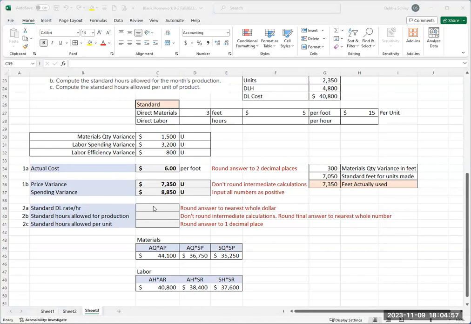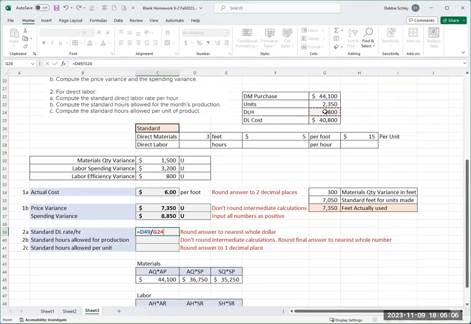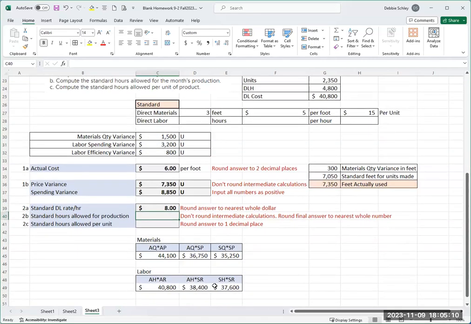Okay. So the standard would actually be equals the middle one divided by the actual hours. So for $8 an hour. So again, that was actual hours times the standard rate because I want to find what the standard rate is. And so I take this number that's in the middle and divide it by the actual hours. So we just had to reverse engineer that problem.